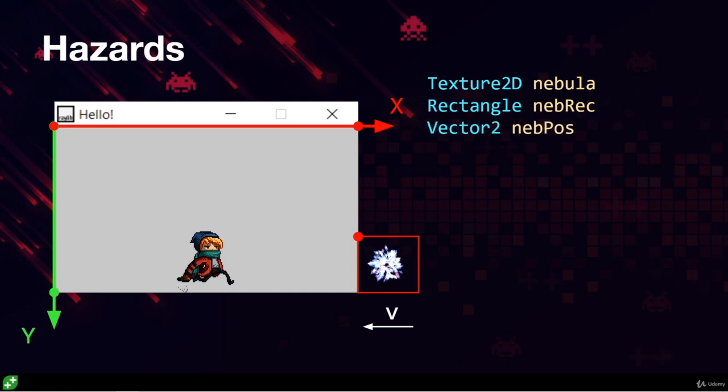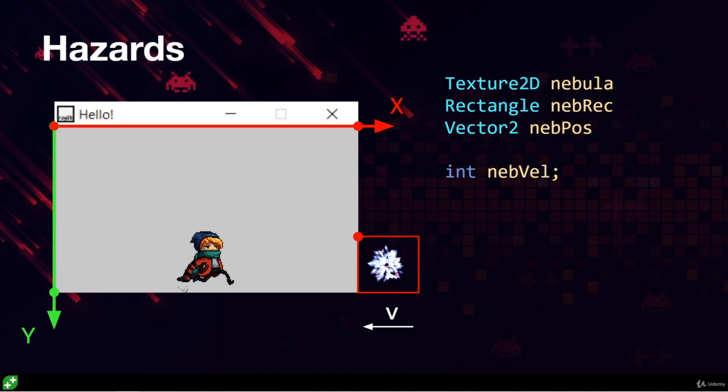We need a vector 2 so we can have an x and y coordinate for the nebula's position on the window. And we're also going to need a velocity, which we can use to update the nebula's position every frame. So with a negative value for the velocity in the x direction, we can update the nebula so it flies across the screen, providing Scarfy with a hazard to avoid.